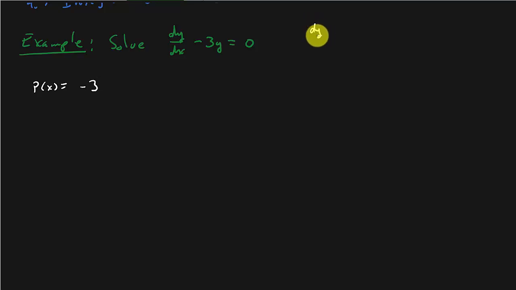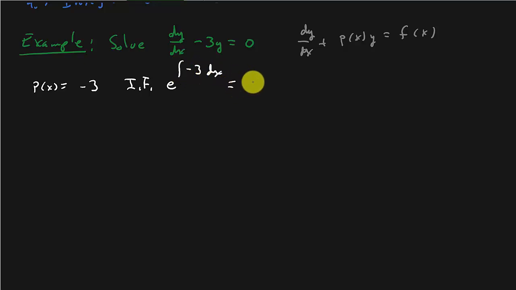Remember, the standard form is dy/dx + p(x) y = f(x), and p(x) is the term in front of y. Then our integrating factor is e raised to the integral of negative 3 dx, and that's going to be e^(-3x). That's our integrating factor.